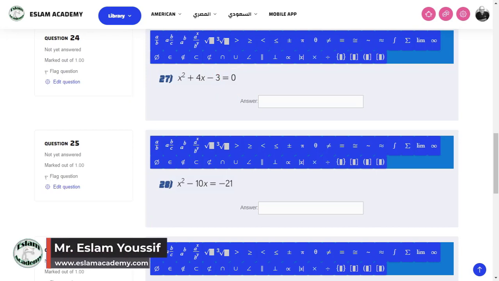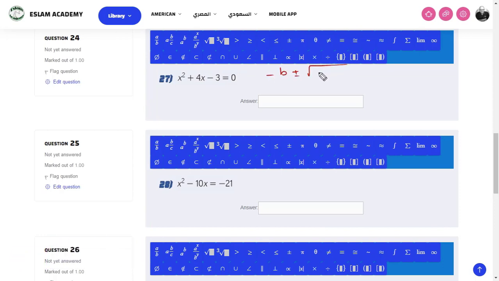So we can use the quadratic formula. The quadratic formula is written in the form of negative b plus or minus the square root of b^2 minus 4ac, divided by 2a. Now by finding a, b, and c, a is equal to 1, which is the coefficient of x^2, b equals 4, and c is equal to negative 3.